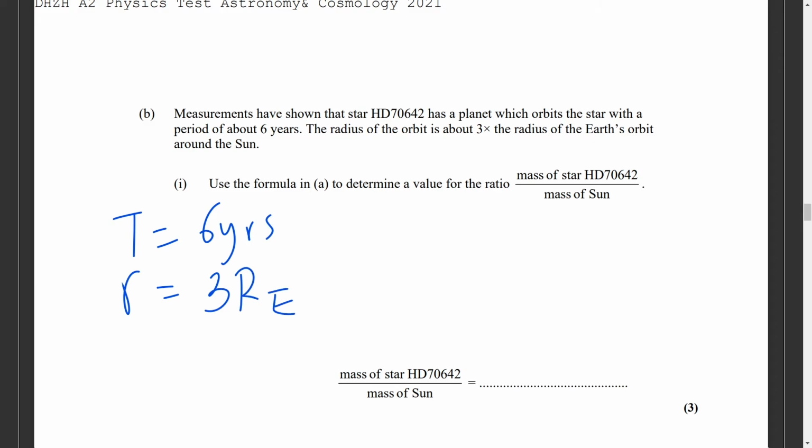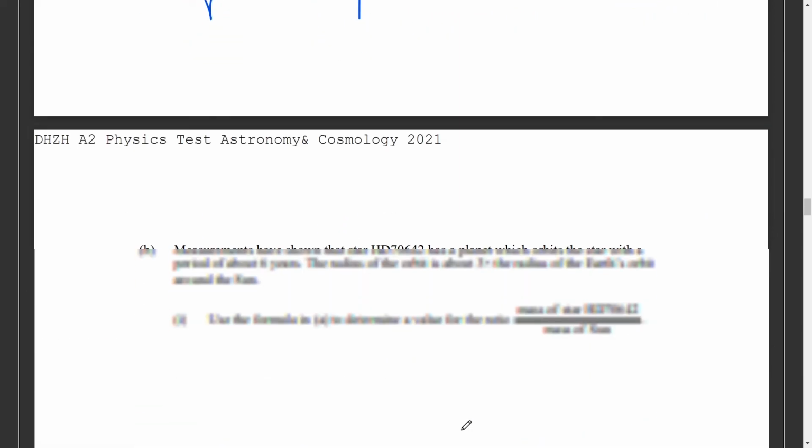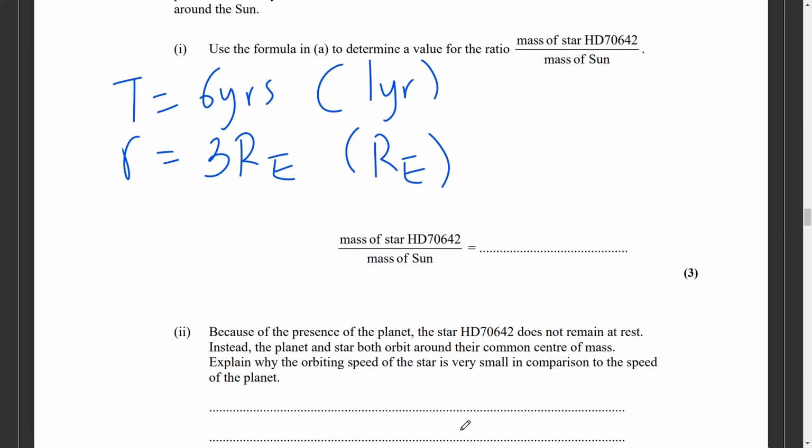Okay, remember on the Earth, the time period is 1 year, and the radius of the orbit is just RE, which means radius of the Earth, or radius around our star. Now, looking at the equation above, I'm going to make m the subject because we're trying to find ratios of m's.